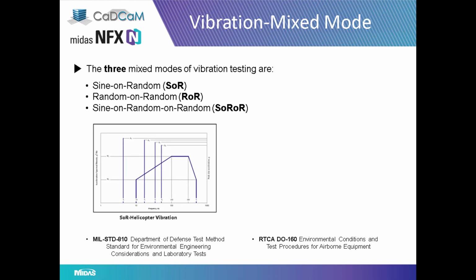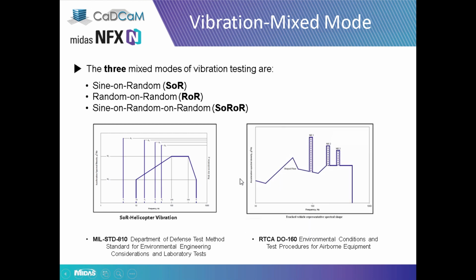Let's concentrate on the bottom left side of this slide. It is the PSD curve for a helicopter, and it comprises a continuous PSD curve and a 3-wave sine, 1, 2, 3, 4. Those are the sine on random.